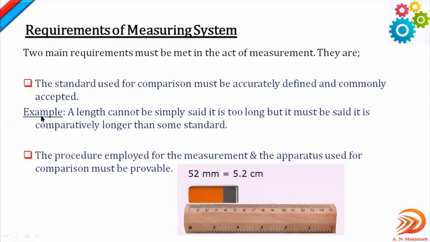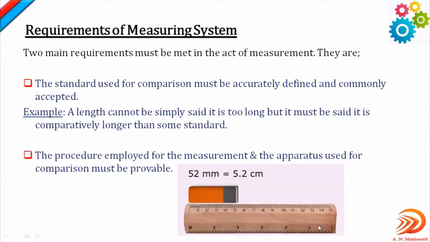Suppose you take the example of length. A length cannot simply be described as too long, but must be expressed as comparatively longer than some standard, right? You can observe the examples over here. You can't simply express an object as too long, too short, or bigger size or smaller size. You have to express it in terms of numbers. In order to express it, you have to compare with some known standard.